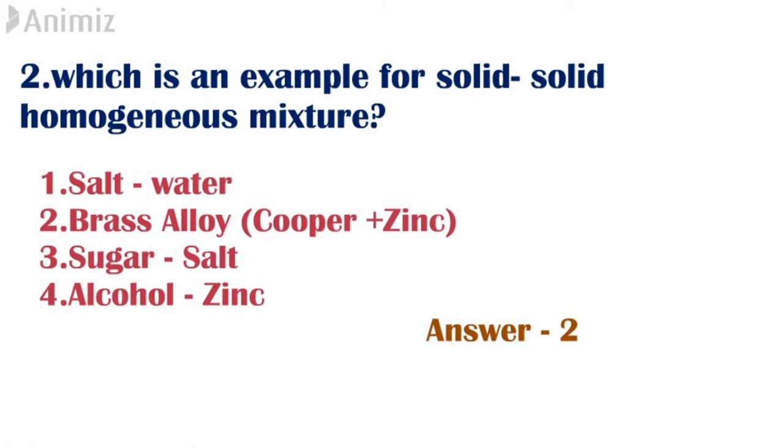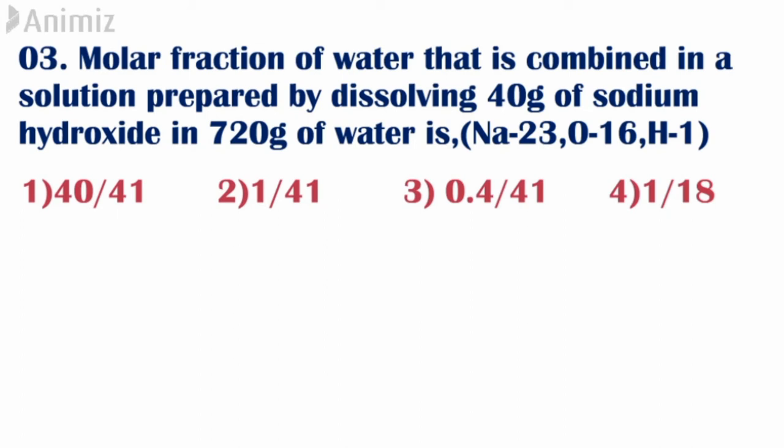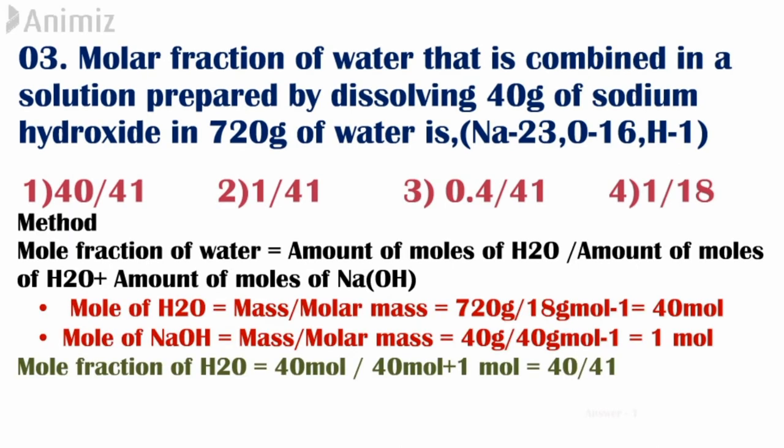The next question is, the mole fraction of water in a solution prepared by dissolving 40 gram of sodium hydroxide in 720 gram of water is. Using this, you have to find the mole fraction. Now let's do this step by step. Mole fraction of water is equal to the moles of water divided by moles of water plus moles of sodium hydroxide.